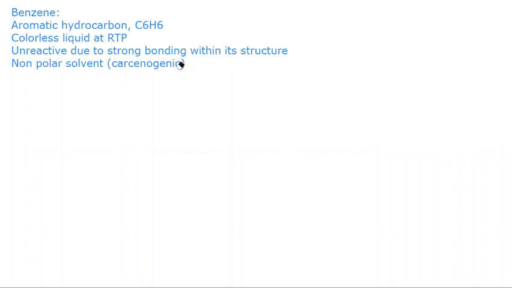Excuse me for the technical issue. So the structure of benzene has a double bond, single bond, double bond.